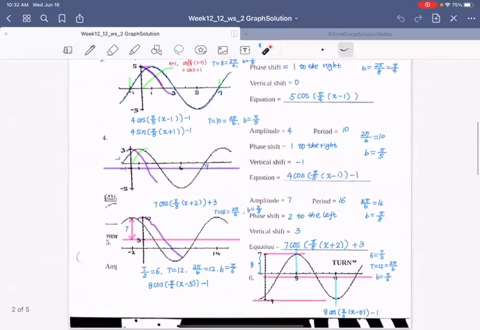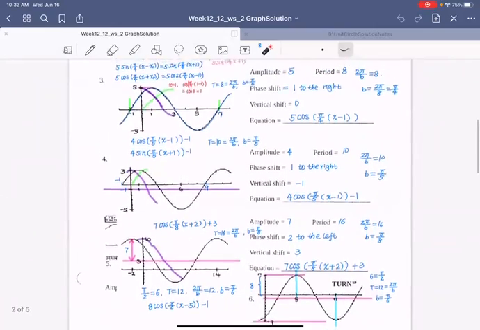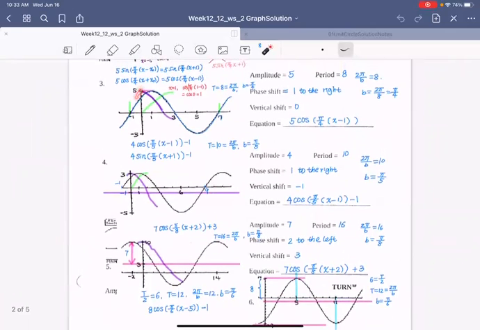The phase shift part, the way we show question 3, 4, and 5, and 6. So I already teach you 2 different ways. You can choose sine, you can choose cosine.